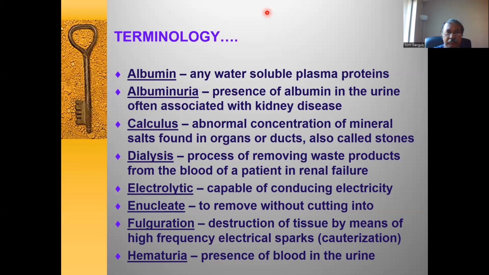Using high power electricity with the bovie, when the surgeon can destroy dissolved tissue, that is called fulguration. Usually the surgeon is destroying what type of tissue in the bladder? Prostatic tissue.